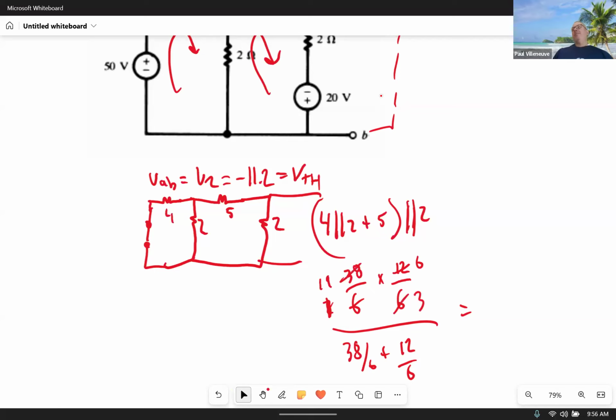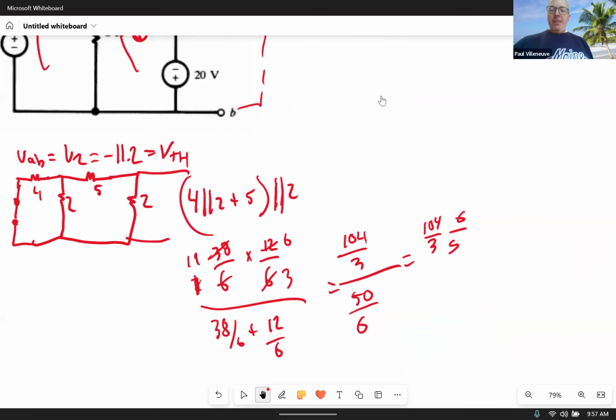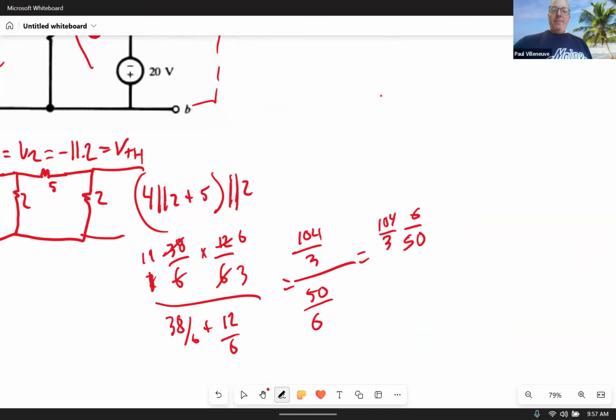So 19 times 6 is 104 over 3, all over 50 over 6. I invert and multiply, and I have 104 over 3 times 6 over 50. I can see that those cancel out, and then I can divide this by 2. So I get 25 and 52.